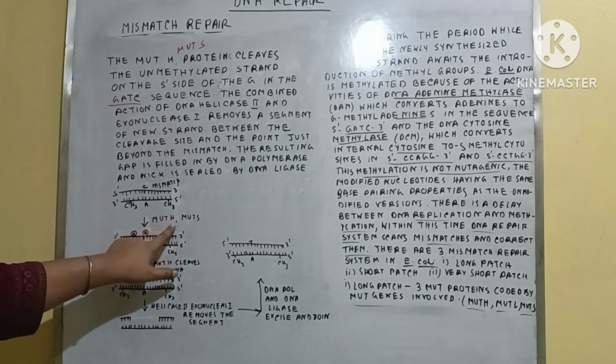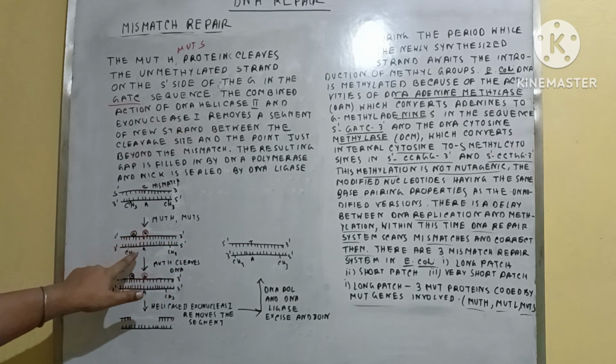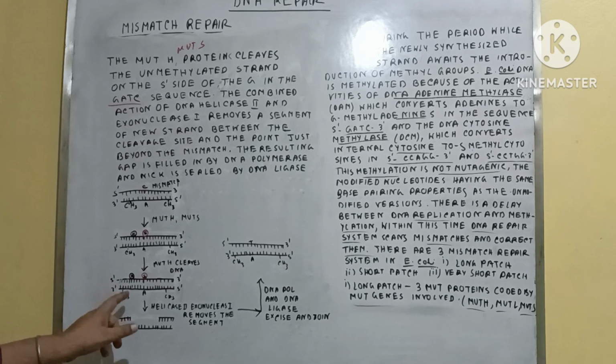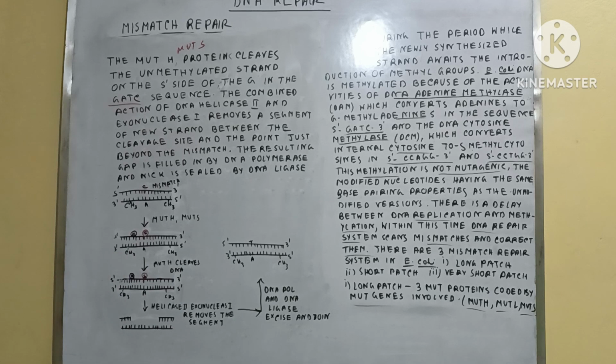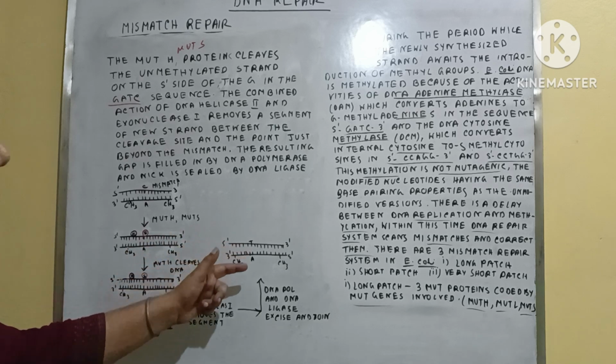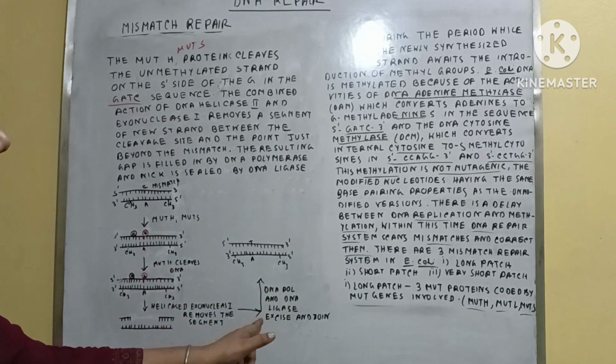First, MutH and MutS both bind with this site, and now MutH cleaves the DNA. The main role of MutH is the cleaving of the DNA. Then helicase 2 and exonuclease 1 remove the segment, and in the next part the DNA polymerase and the ligase fill and join the segment with the correct base pairs.